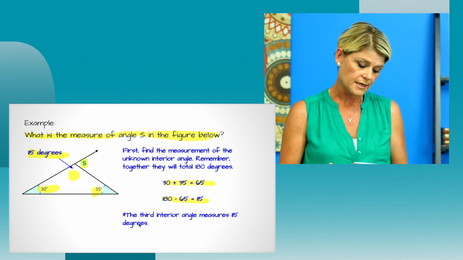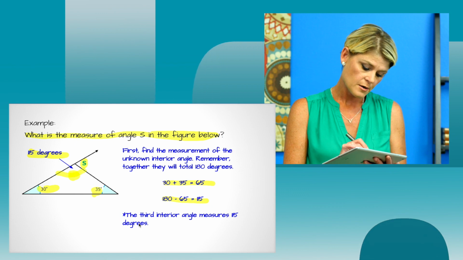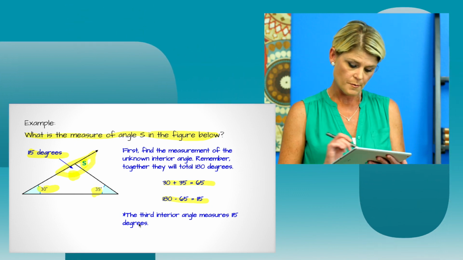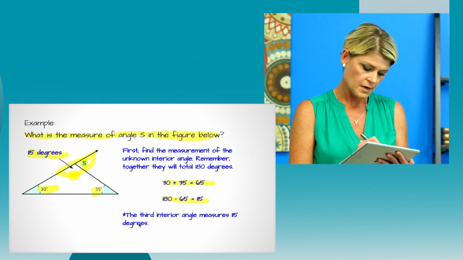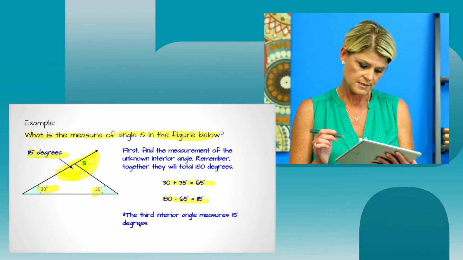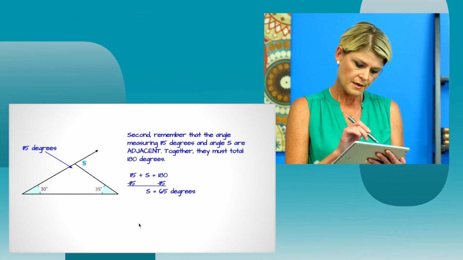And if we know that the interior angle is 115 degrees, and it combines with angle S to make a straight line, then we just have to do the math and say 180 minus 115, and we'll show you a little bit more clearly on the next slide.